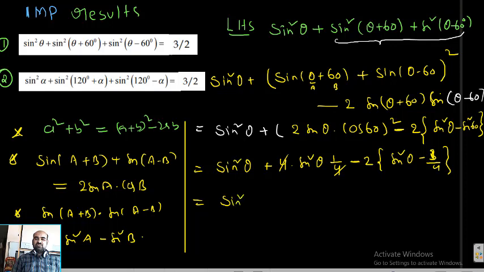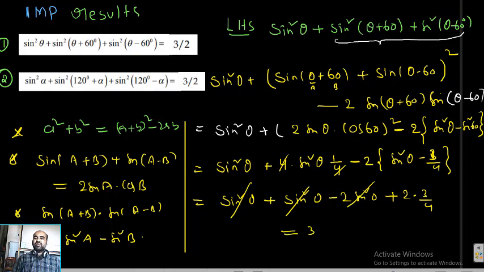Sin square theta plus another sin square theta minus 2 sin square theta, and minus into minus plus 2 into 3 by 4. The sin square theta terms cancel, so what I got is 3 by 2, which is the RHS. Students, sin square theta plus sin square of theta plus 60 plus sin square of theta minus 60 should be remembered as 3 by 2.